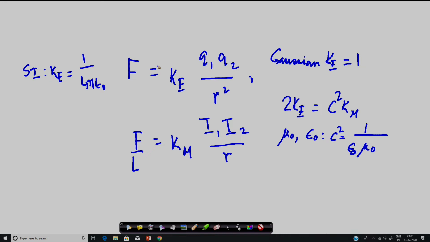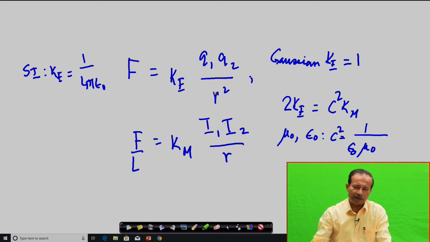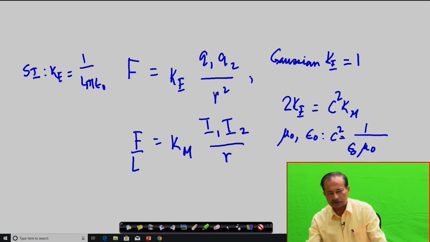So, force you can replace by the standard CGS unit and r square you replace by centimeter square, so your q square is f into r square, dynes into r square, and then of course, you can find out what the dimension of q is. Once you have q, then charge per time is the current. So, you do not need a new unit for current, whereas in SI there is a unit of current, called the ampere, and once you have that, then of course, these other units follow from there.